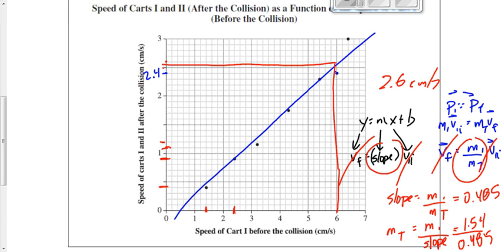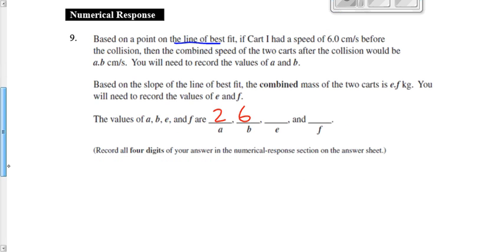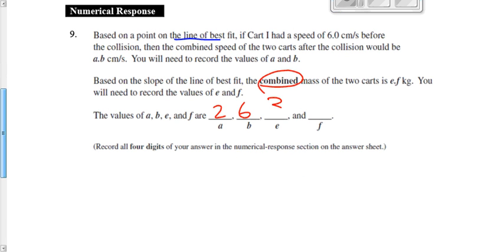When I do that, I get 3.2. So my total mass, my combined mass, which is what they're looking for here, is 3.2. 3.2632 would be my answer. Yep.